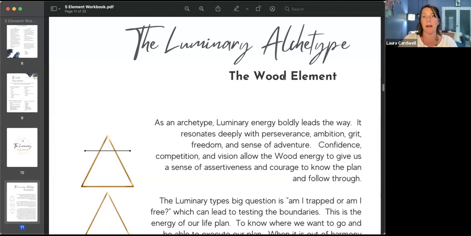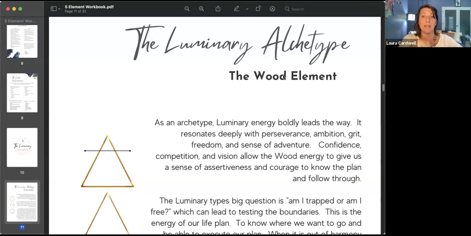You see it a lot associated with things like ambition and drive and courage, and really what that is about is the courage to live your life plan. The liver is the overseer, the director of what the life plan is. In wood, you have the liver and the gallbladder, and the gallbladder makes the decisions and makes stuff happen, right? They work together in order for you to live out your life purpose.